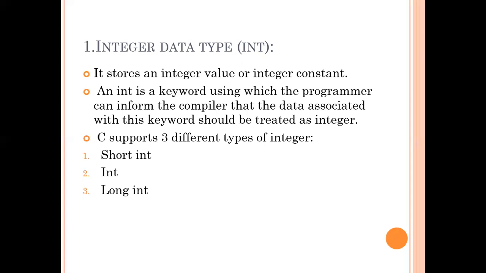Short int represents fairly small integer values and requires half the amount of storage as a regular int number uses. Unlike signed integers, unsigned integers use all the bits for the magnitude of the number and are always positive. We declare long and unsigned integers to increase the range of values.